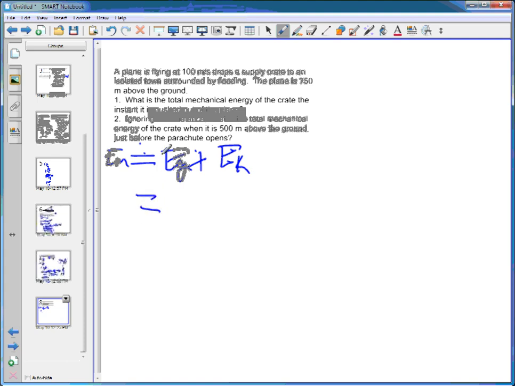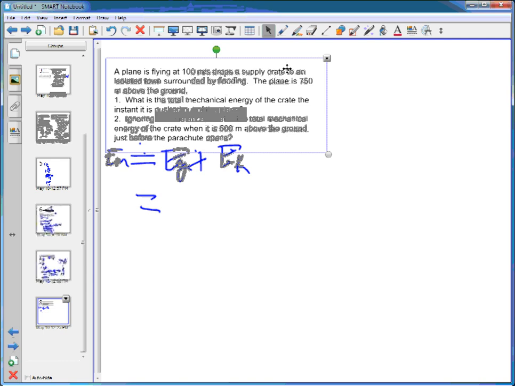Gravitational potential energy of the crate: well, the crate is 750 meters above the ground. Oh, this question is missing something. Sorry. You wouldn't actually be able to answer this question.